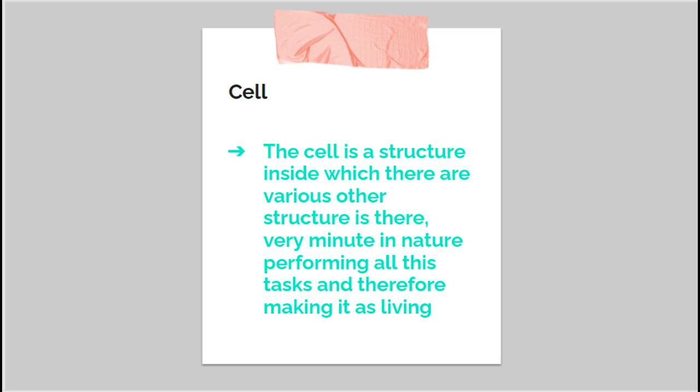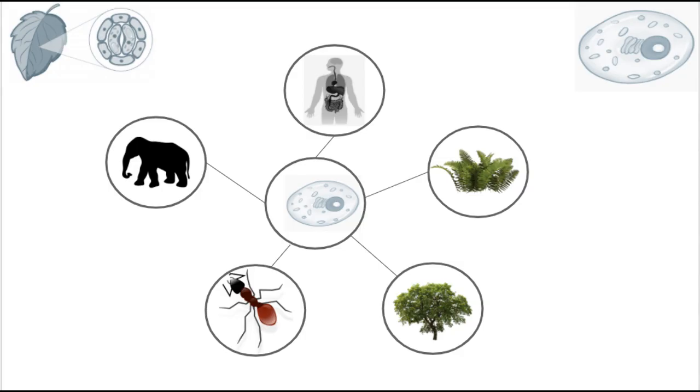In this way, we can say that each and every organism in our world is made up of these cells. It is not necessary that all the cells in the world are similar, but the fact is that the organisms' bodies are made up of cells. We can take an example of any organism.